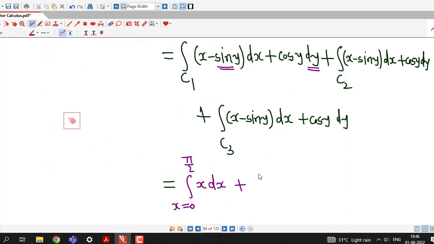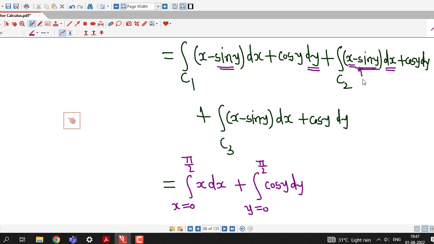So dx is 0, y is from 0 to pi by 2, x is pi by 2, but dx is 0, therefore this term will be 0. 0 into this quantity is 0, and cos y dy.